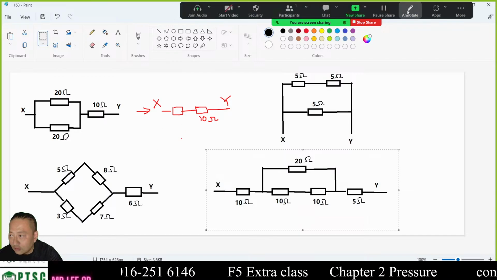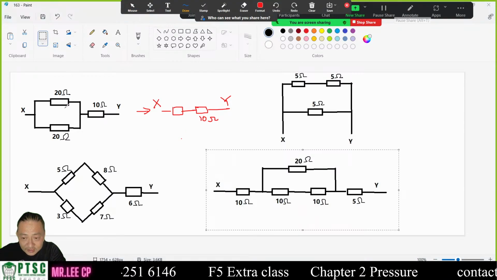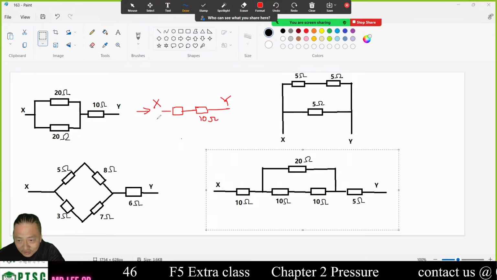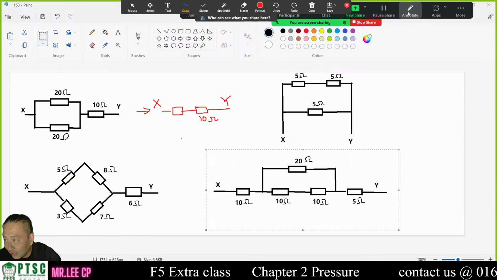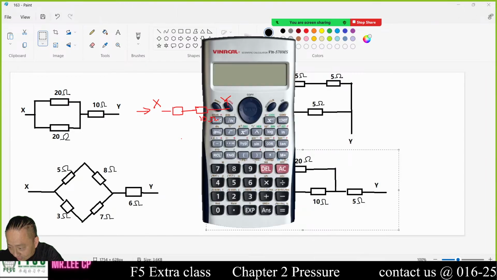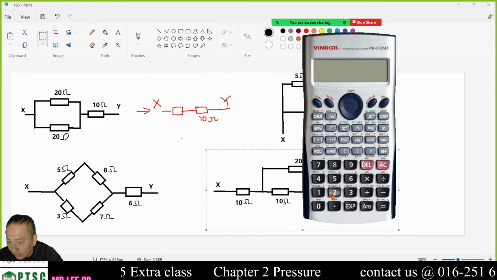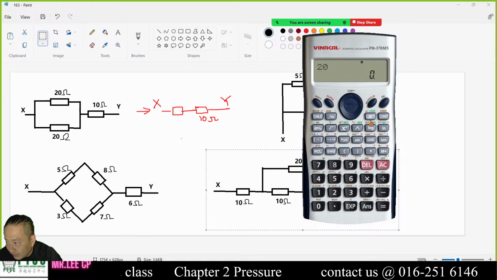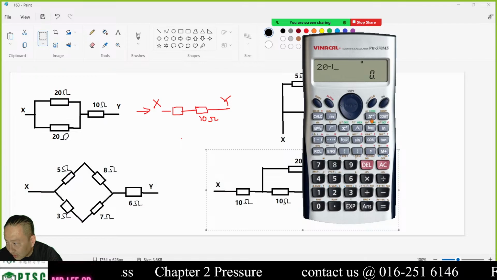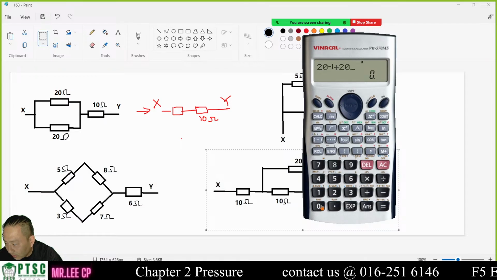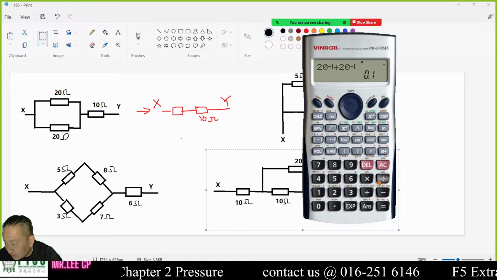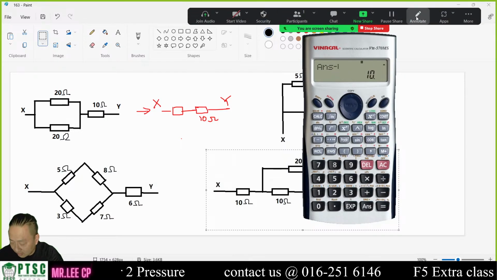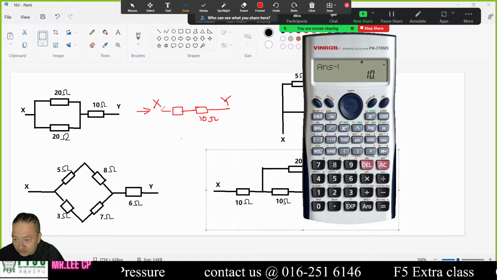So effective resistance: this is 10, 20 inverse plus 20 inverse equal, you get 10, right? So 10 and 10.